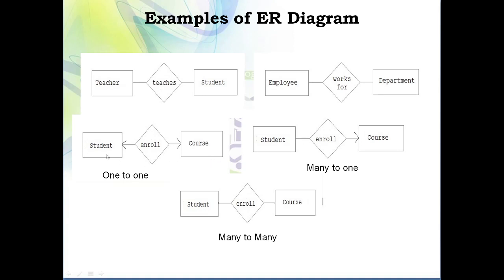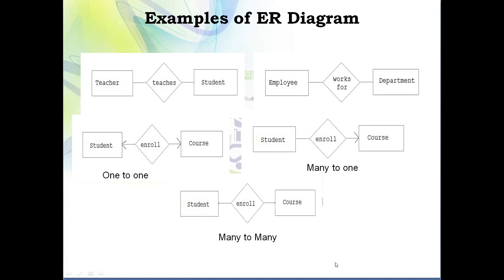So between student and course different kinds of relationship may be there. Here it is represented as one to one, here as many to one. Similarly many to many kind of relationship may also exist between student and course. So here you can observe student enroll course. Here you can say many students enroll in many courses, and in order to show this many we can use another convention. On top of this arrow we can write n, and here also on top of this arrow we can write n.